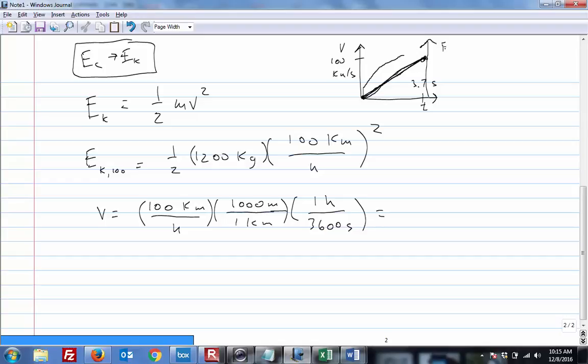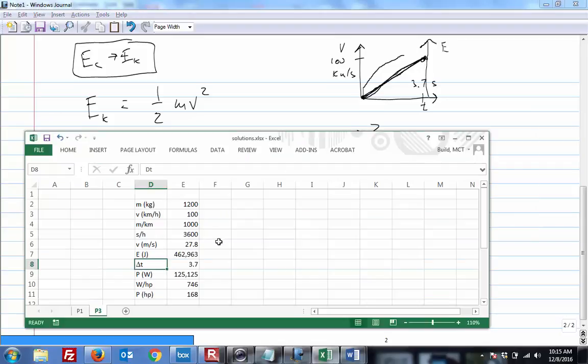So at 3.7 seconds, you also have an energy value of about a half a million joules. What were the calculations for the joules? Yeah, so for the joules, we used the formula that I wrote right off the top there. Energy kinetic is 1/2 mv squared.